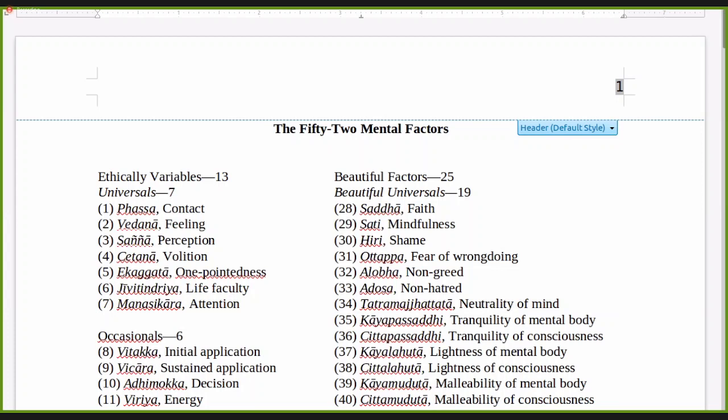The function of Vichara is sustained application of the associated mental phenomena to the object.